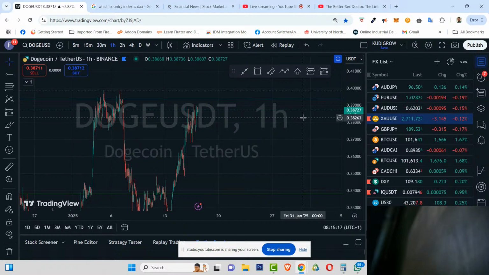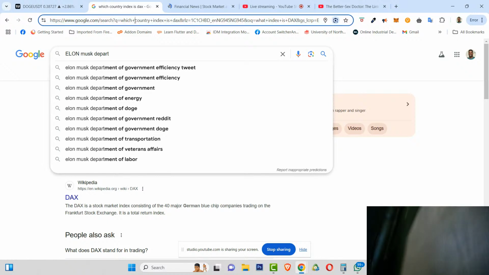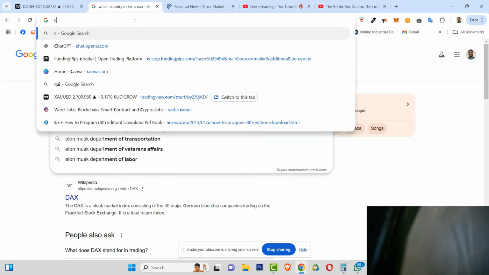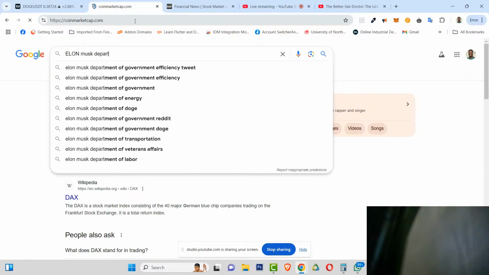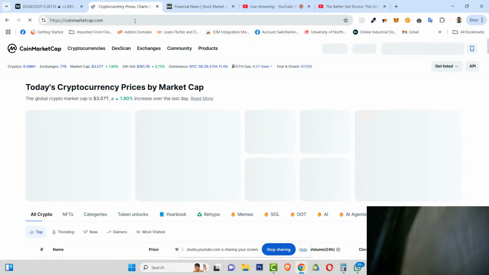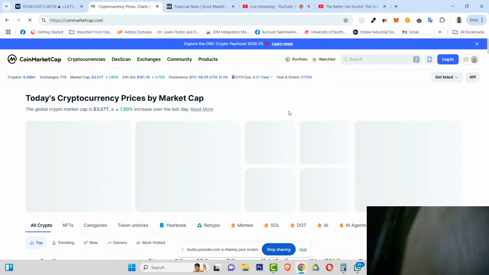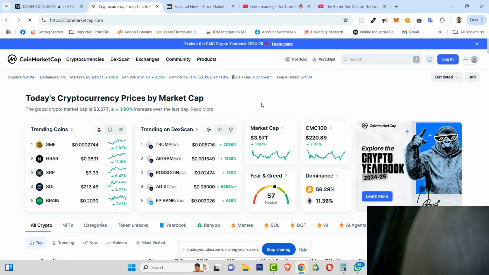All right. So let's take a look at CoinMarketCap to see the market capitalization of Doge. If you come in here, I'm looking at Doge.